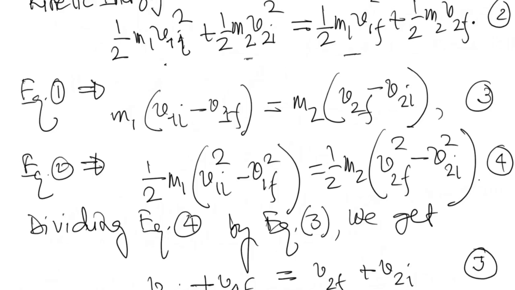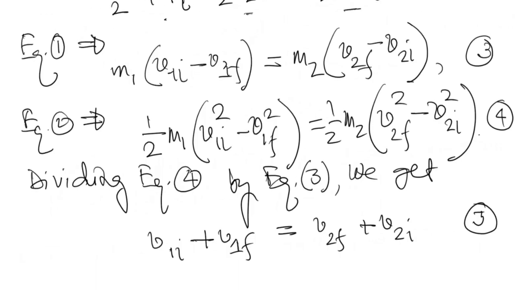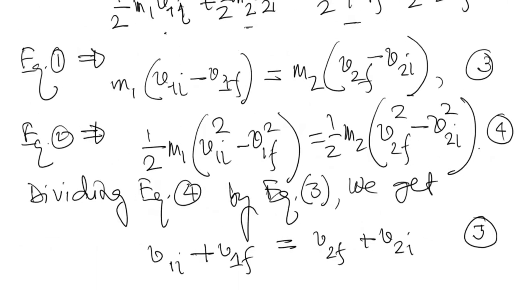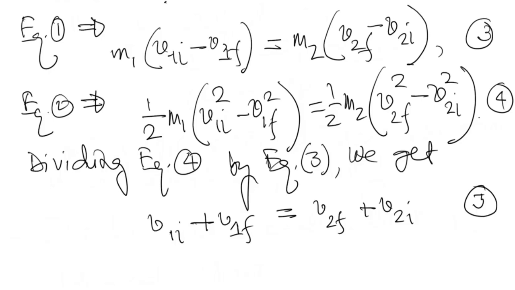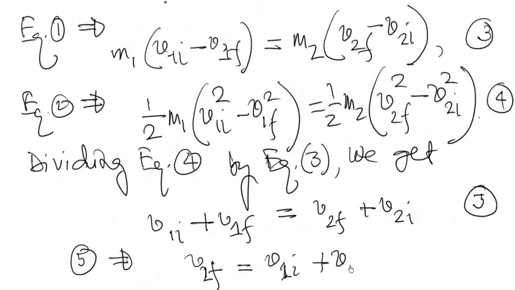Now we want to find first v1F and then v2F. So from this, let us say this is equation 5, v2F equal to v1I plus v1F minus v2I.